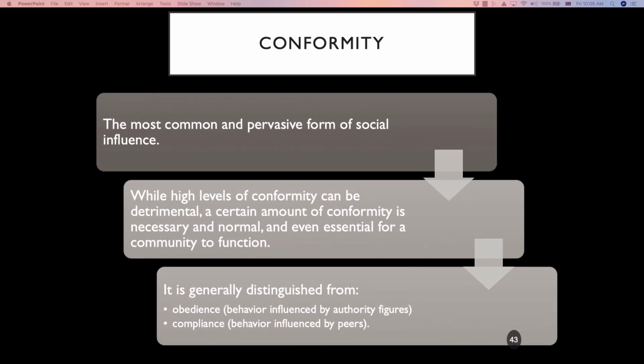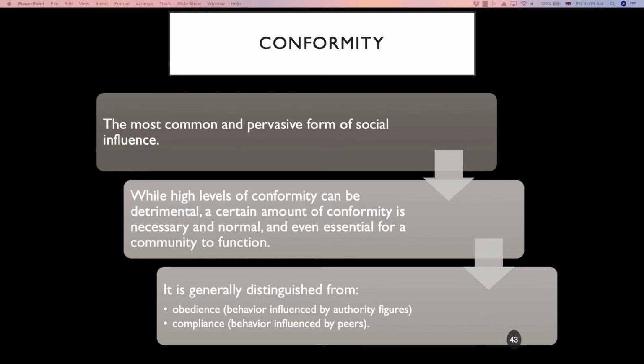Okay, so conformity. Conformity is the most common and persuasive form of social influence. Without it, society would be chaotic. We need some conformity in order to have a culture, a society that will function, conform to the rules.